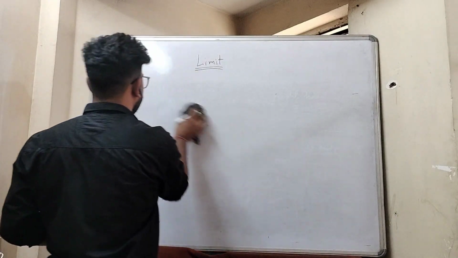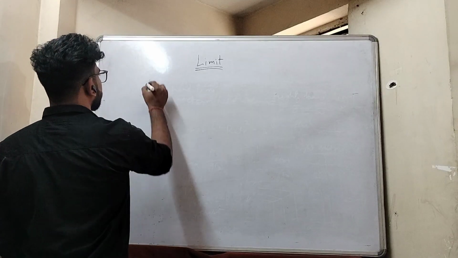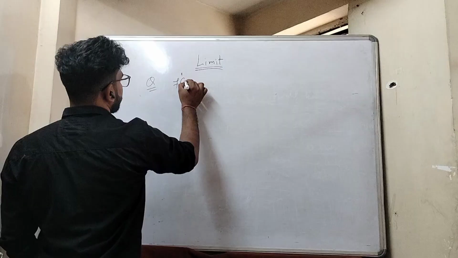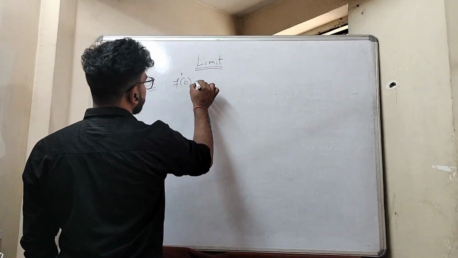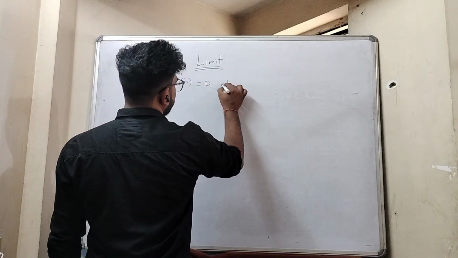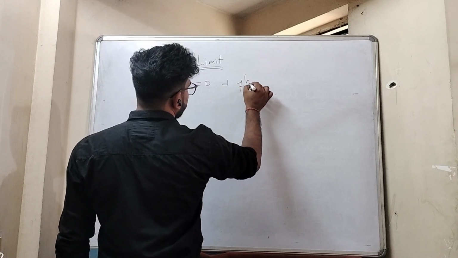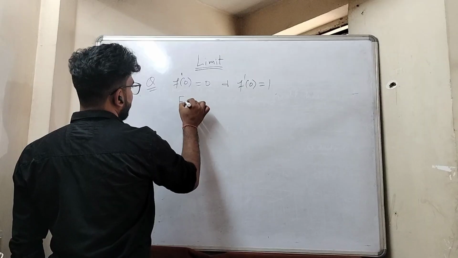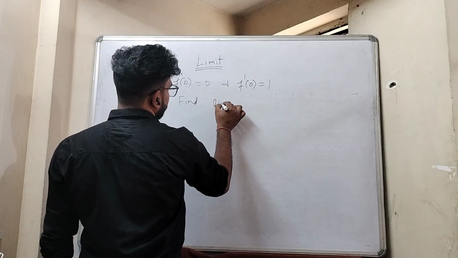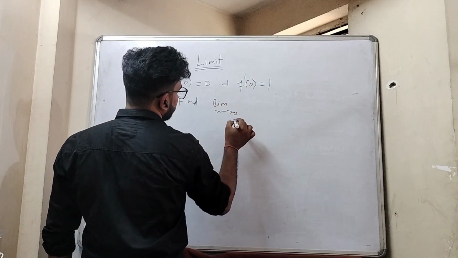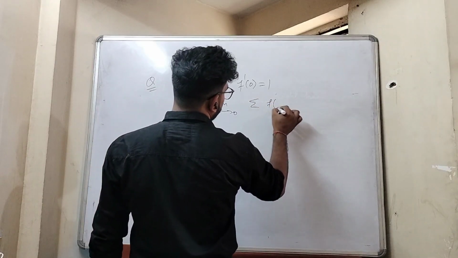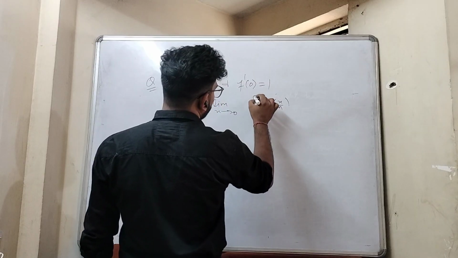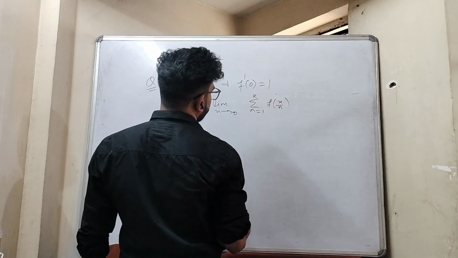The question is, suppose there is a function whose value at x equal to 0 is 0, and the derivative f dash of 0 is 1, and the question is to find the limit as x goes to 0 of the summation of f of x by n, where n goes from 1 to say k.